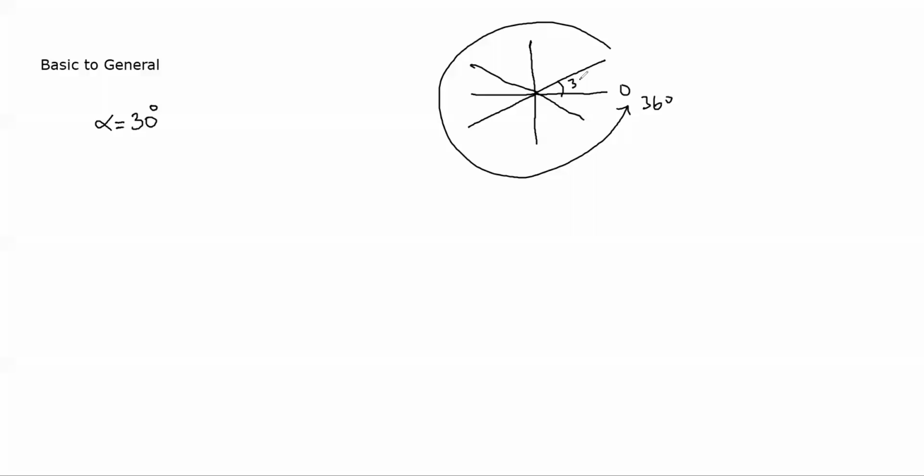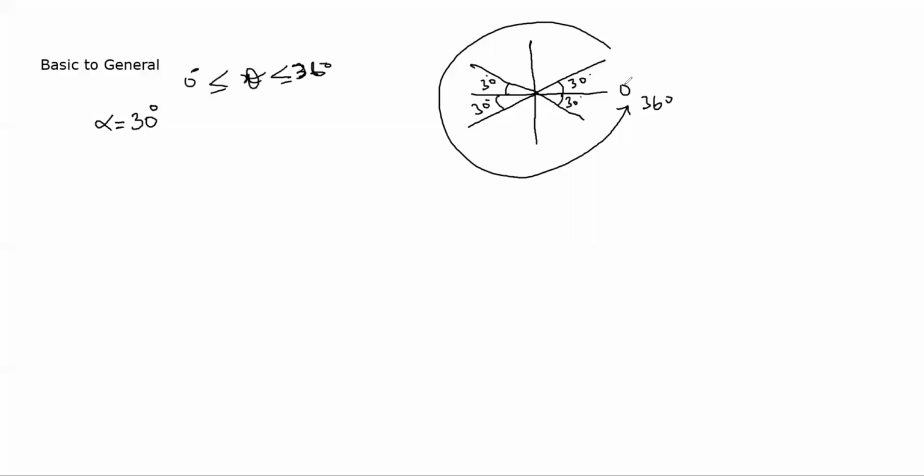This can be 30 degrees here, here, here, and over here, the fourth quadrant as well. So if your alpha is 30 degrees and your theta, the general angle, can be anywhere between 0 and 360 degrees, then there will be four possible locations.